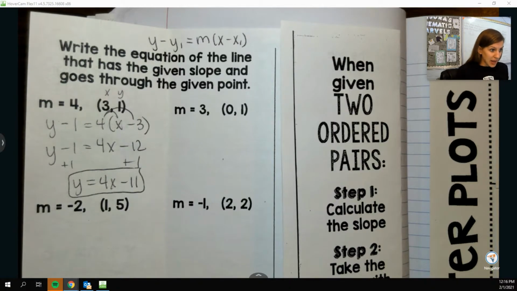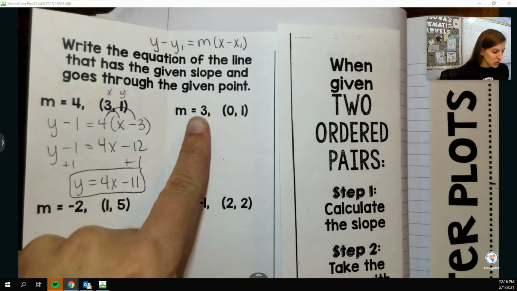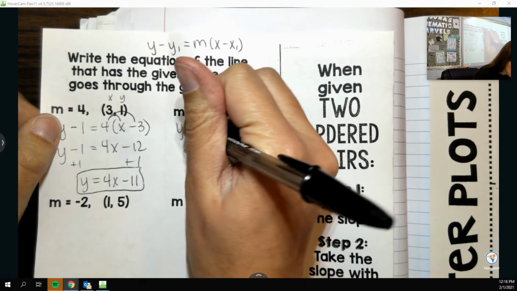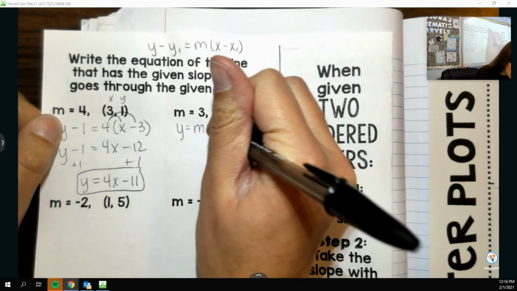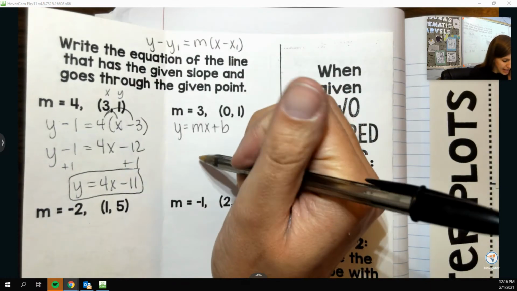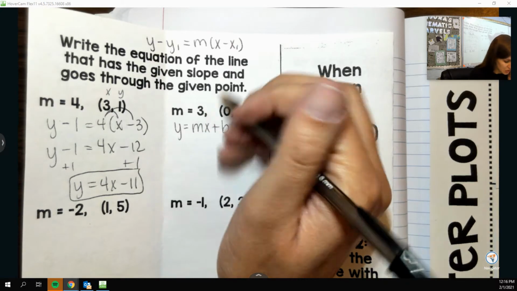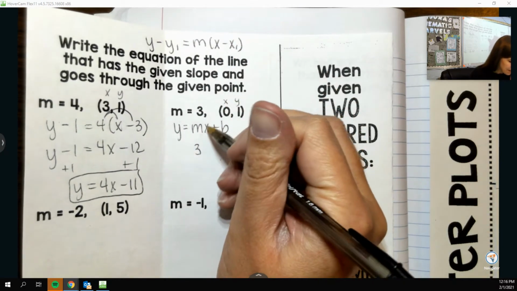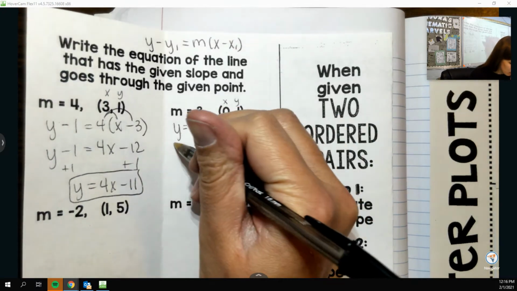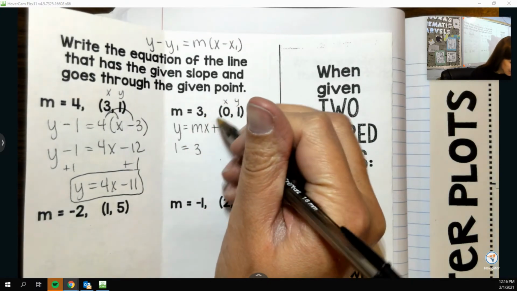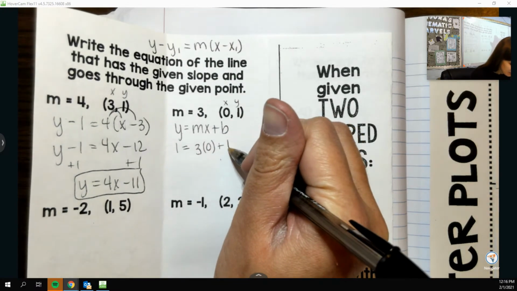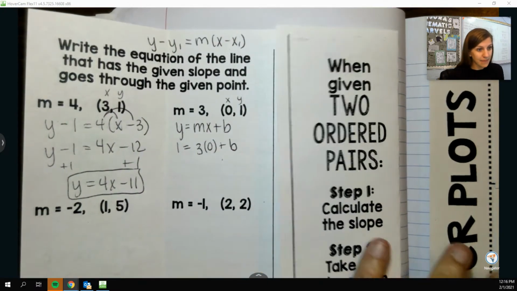So a different way of doing it, if they give me the slope and a point, is to put it into y equals mx plus b right now. So the thing is, I know m, they told it to me. And because this is x and this is y, in place of y, I can put 1. And in place of x, I can put 0, or whatever x is. I don't know b, so I still leave it.